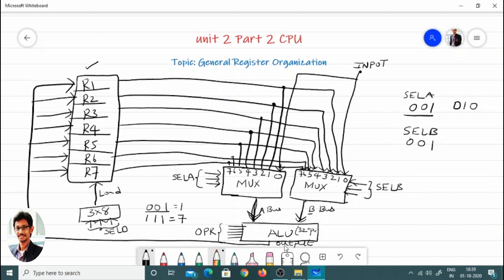R2 register will be put onto the A bus. Why? Because SELA is selection line A. That's why I am putting it onto bus A, right? If SELB is 010, now what happens? The R2 register content will be put onto the B bus. Okay, right.